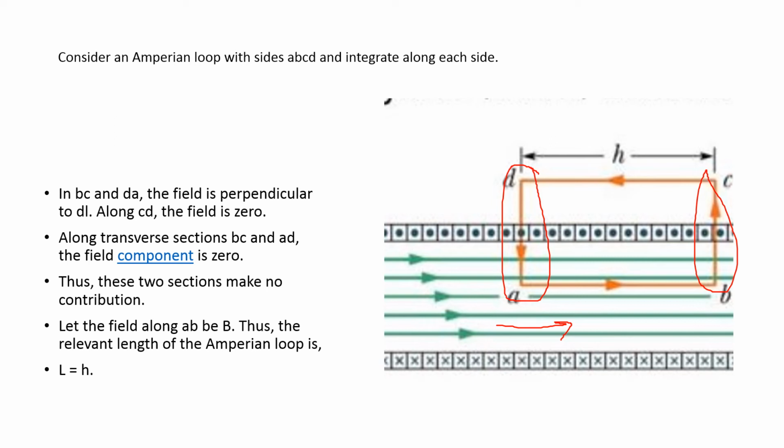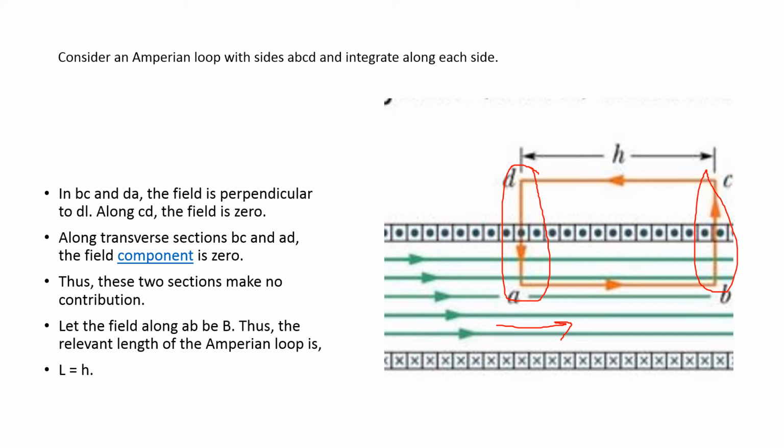So this will not contribute anything. Now, the field along AB is B, and there is no contribution from CD also, which is outside. Let the field along AB be capital B.